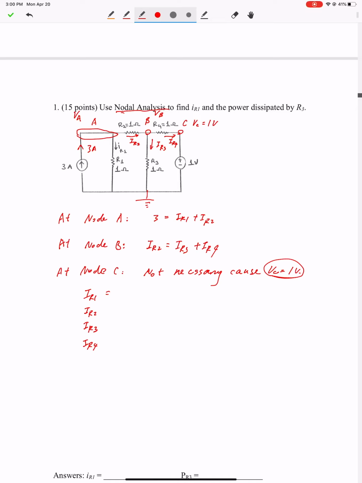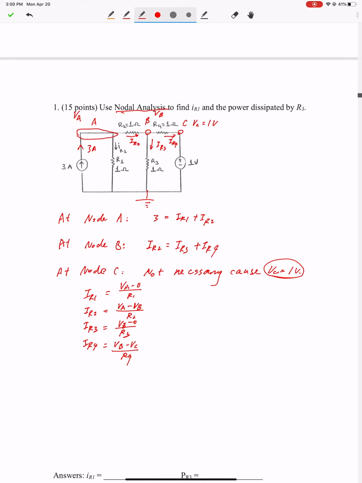So IR1 can be represented as VA minus 0 divided by R1, and IR2 is VA minus VB divided by R2, and IR3 is VB minus 0 divided by R3, and IR4 is VB minus VC divided by R4.